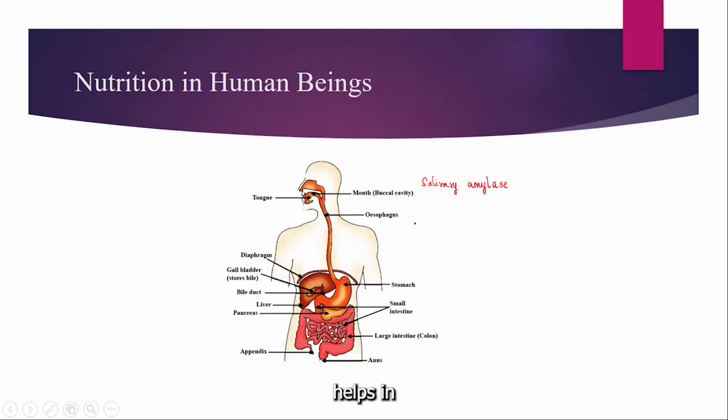The saliva helps in the wetting of food. That's not just the function of saliva. The saliva contains an enzyme called salivary amylase that breaks down starch to give simple sugar. Starch is a complex sugar, so it is necessary to break it down into simple sugar, and that is done by the enzyme salivary amylase.